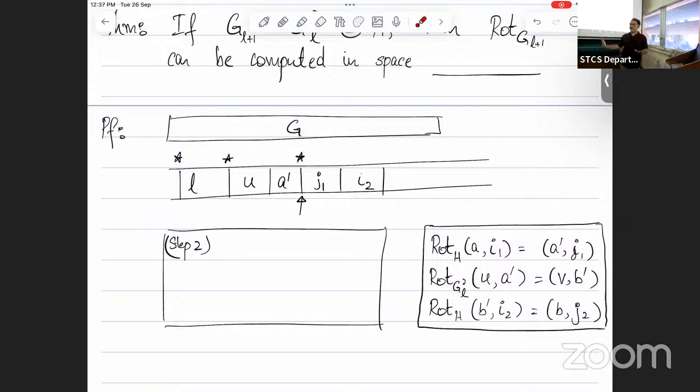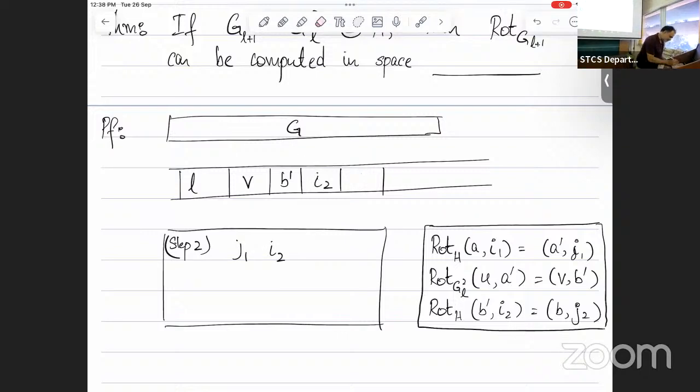So that is still written on the tape. So I run GL right now, and this becomes V, B prime. After that, I once again have to adjust all of this. So I copy J1 and I2, and then I put I2 here.